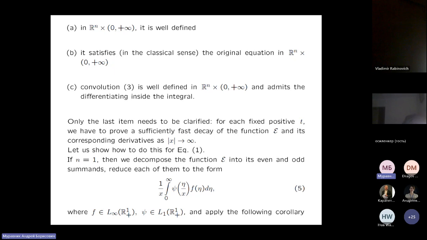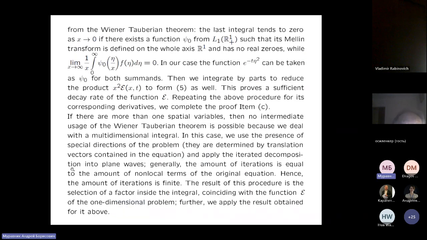But to prove that it decays sufficiently fast to be integrated, we have to prove that this function tends to 0 as x tends to infinity.